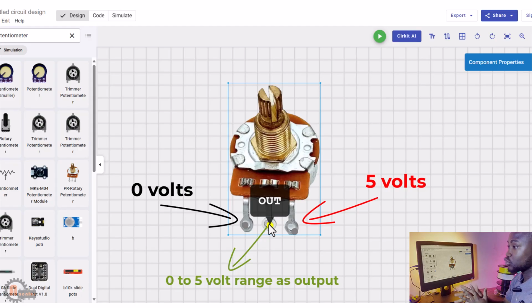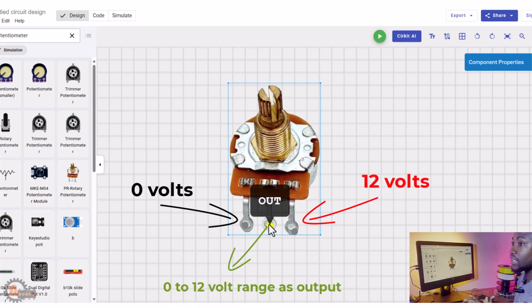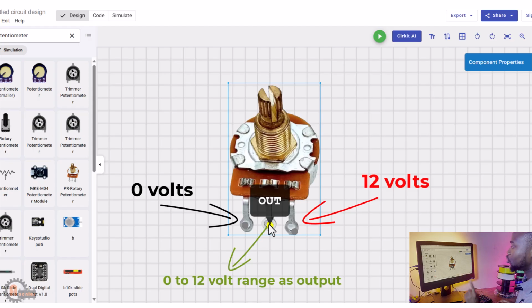Imagine instead of 5 volts you connected a 12 volt power supply to this potentiometer. You would connect 0 volts of the power supply here and then 12 volts here. It means that as I turn this knob, the signal I'm going to be reading out of the output pin is going to fall within 0 and 12.